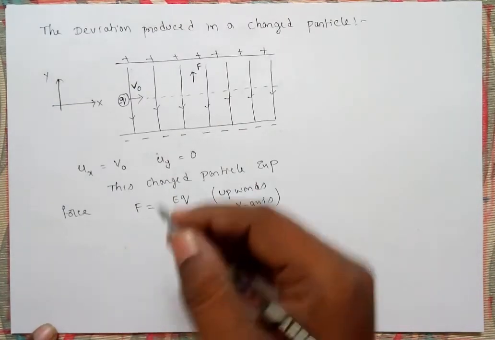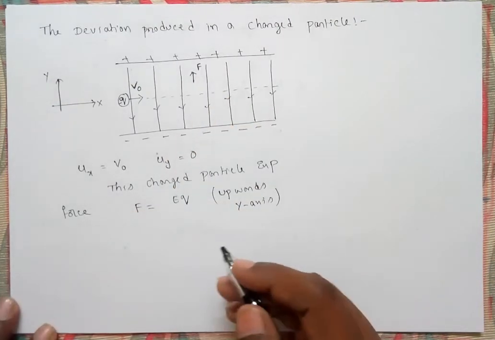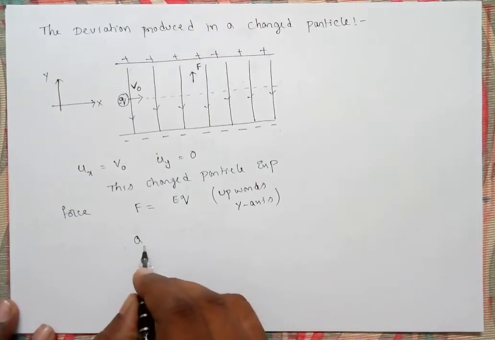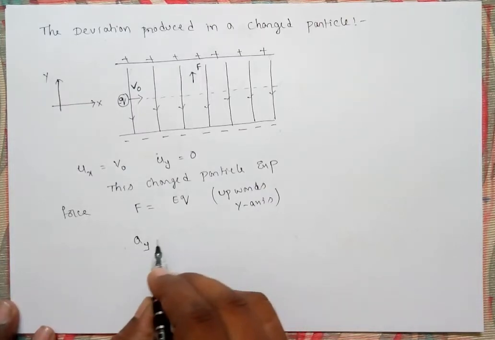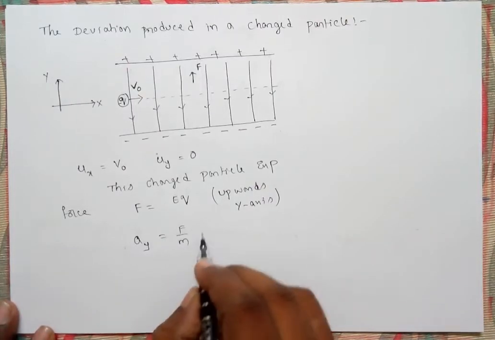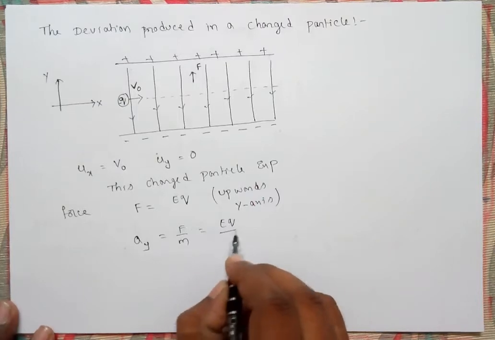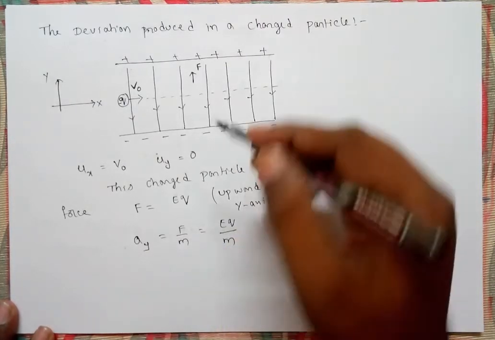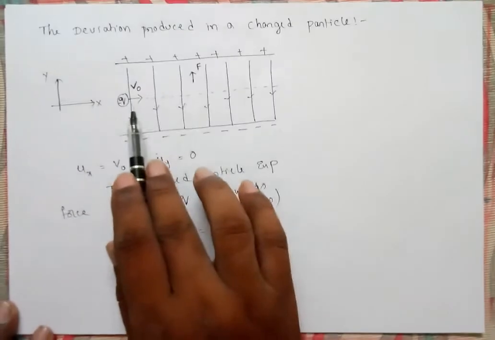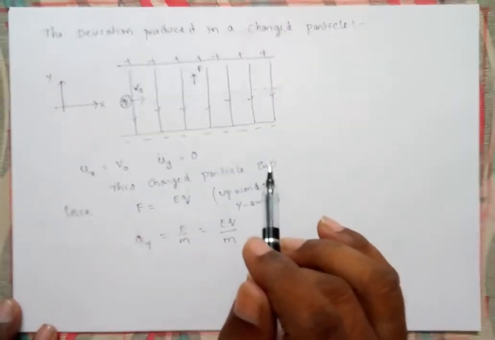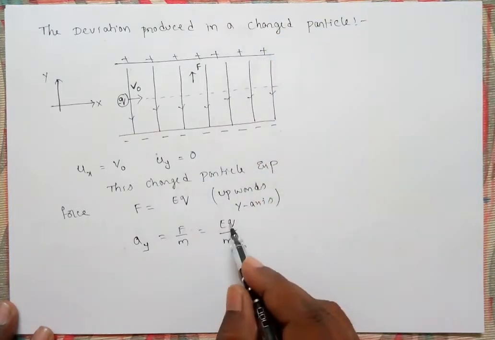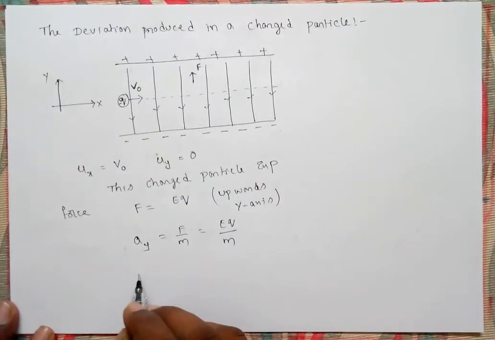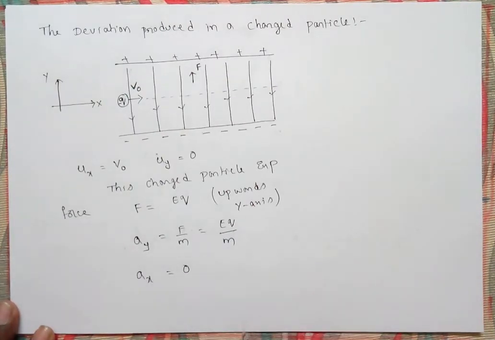Then the acceleration produced is ay, which equals F by m, so EQ by m. So it will accelerate upwards, but along the x-axis there is no such acceleration. Along the x-axis acceleration is 0, along the y-axis acceleration is EQ by m.